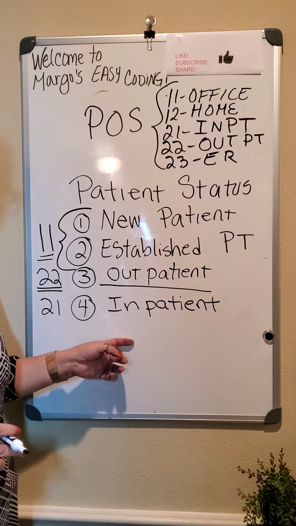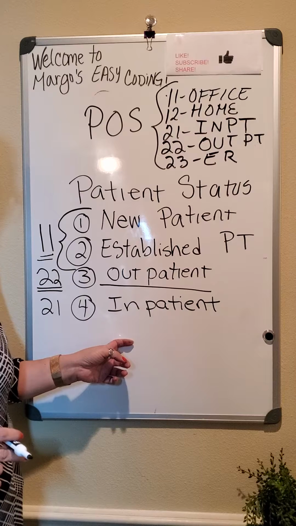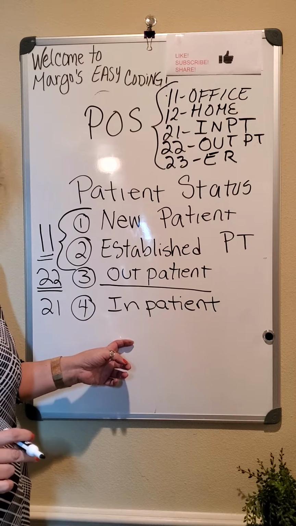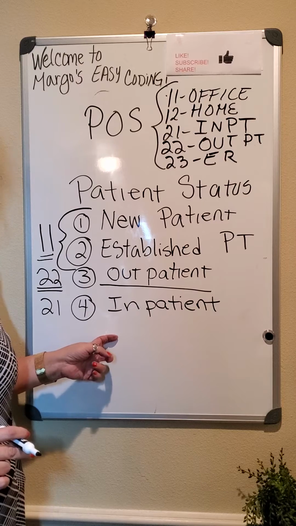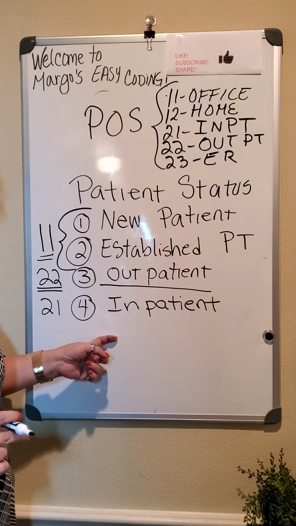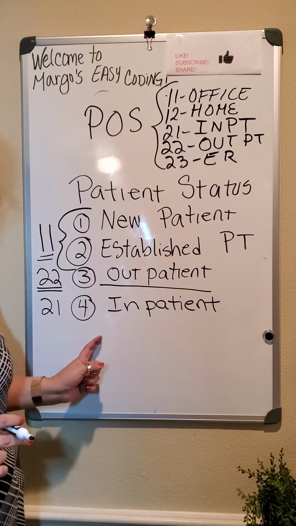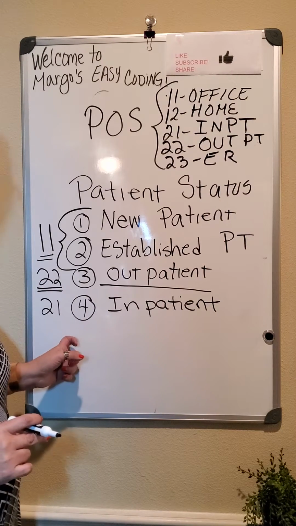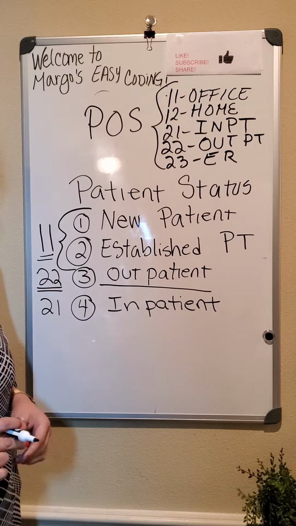If the patient is in the emergency room, but the doctor decides that this patient needs to have a surgery and the patient needs to be admitted, then the patient status outpatient changes to inpatient. So your place of service changes from outpatient 22 to inpatient 21.